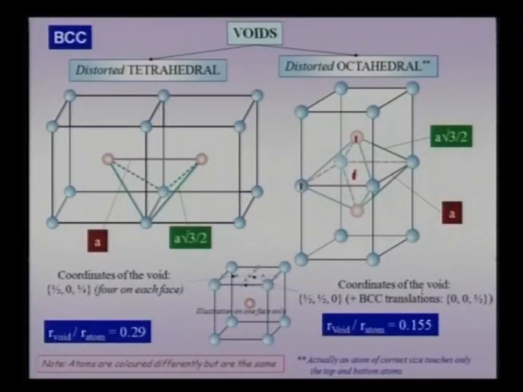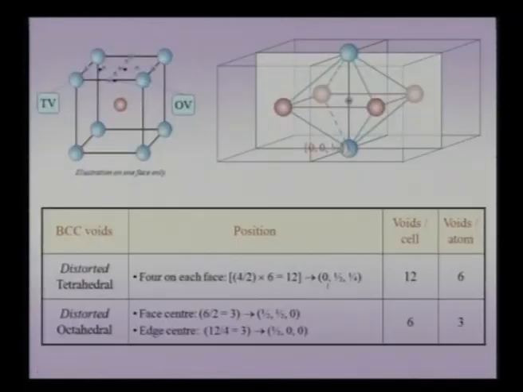And if this position is a seat of the octahedral void, then I can add any of the body centering translations to land up with other equivalent positions for the octahedral void. For instance, I could add half, half, half, which is a body centering translation, to this position, which is 0 0 half, and I will land up with an octahedral void position which is at the center of an edge.